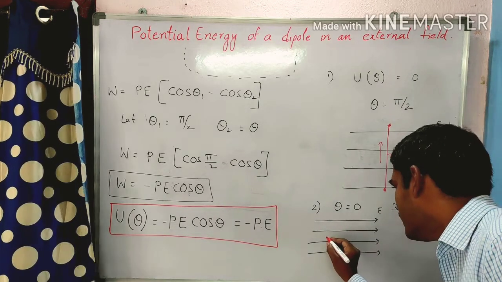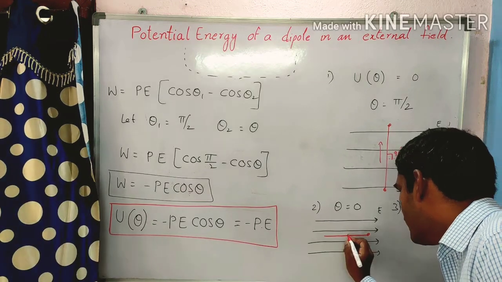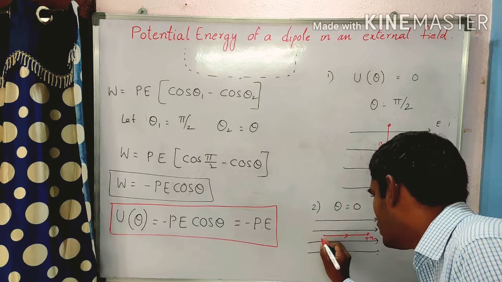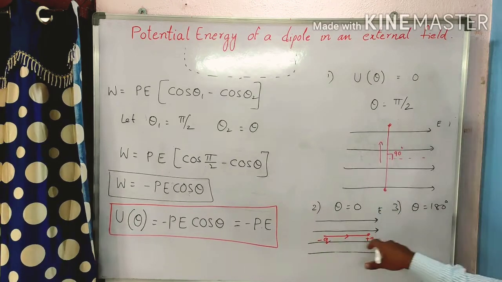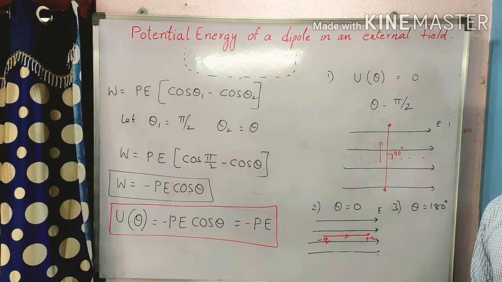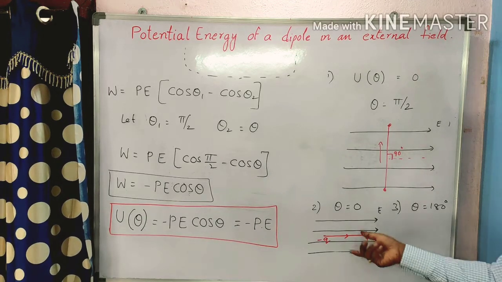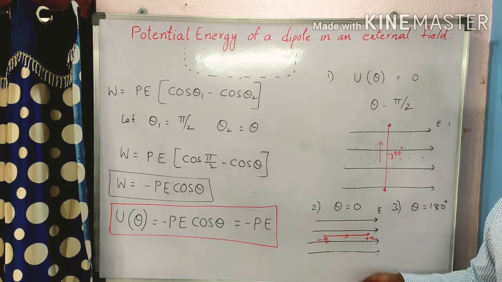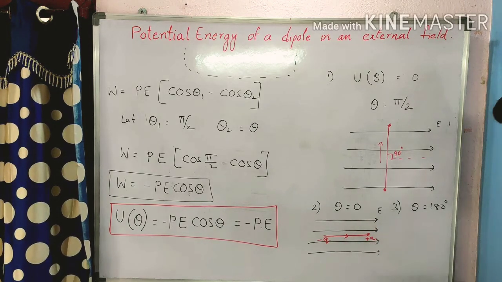The dipole moment is in this direction, which means positive charge is here and negative charge is here. In our previous discussion of a dipole in an electric field, what did we say about this condition? This condition is an equilibrium condition.